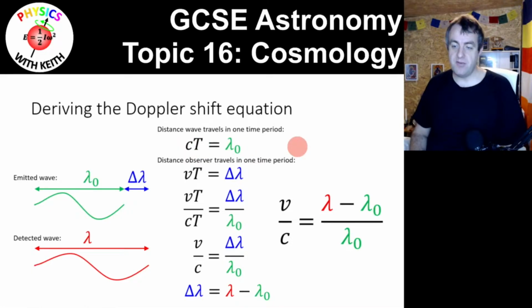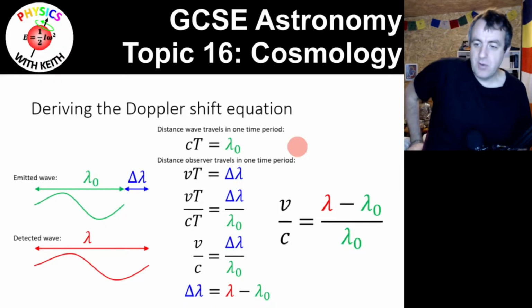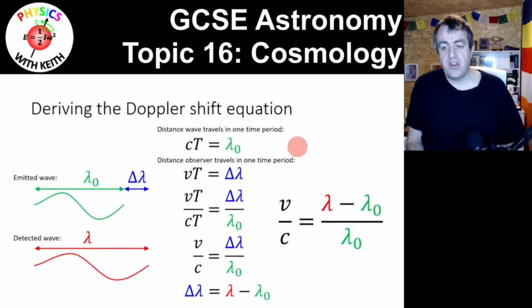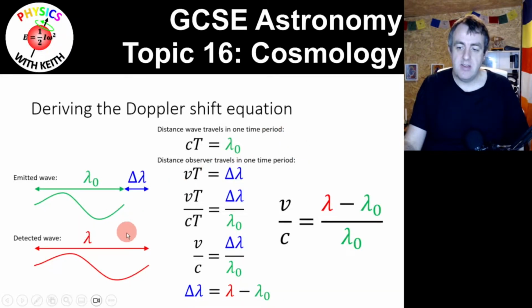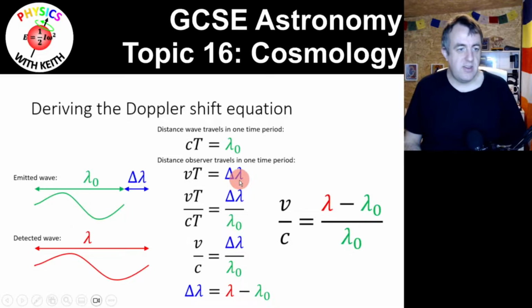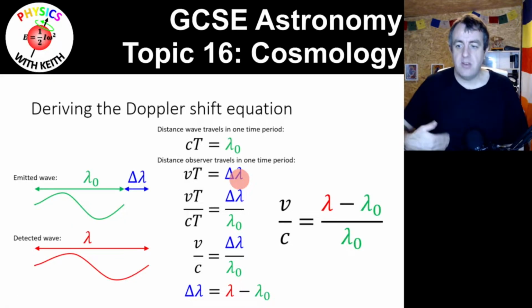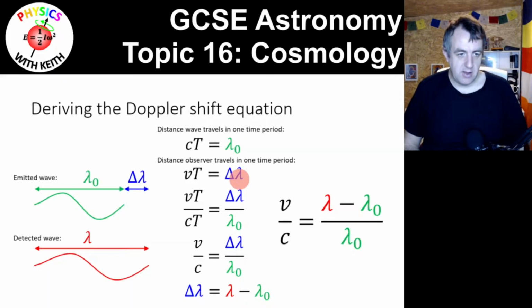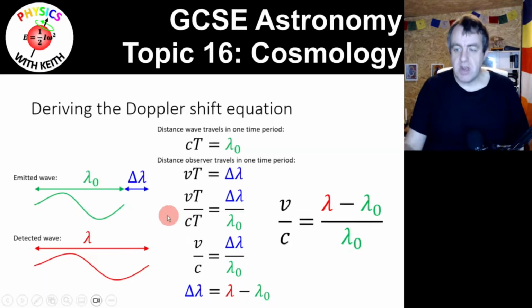An observer moving with a velocity v for the same amount of time would travel a distance delta lambda. That's the distance that an observer is going to travel in one time period. Fine, okay. If I do the ratio of these two, the T's cancel, and delta lambda is just the difference between them, and I get this equation here.